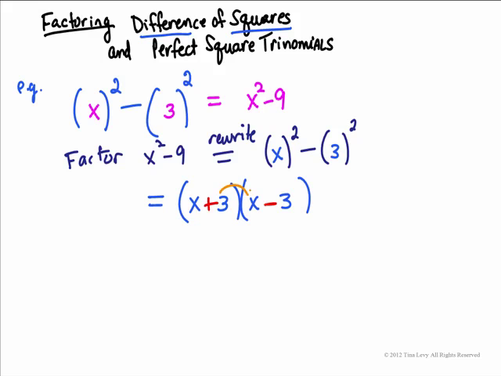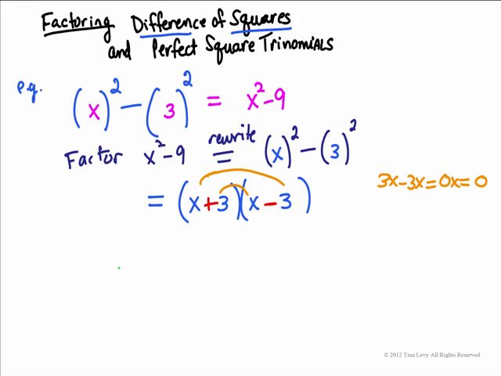I have 3x and negative 3x, which means there's 0x, or nothing. And sure enough, that's our x squared minus 9. It's really a trinomial where the x term is 0. And this is called the difference of squares factor.